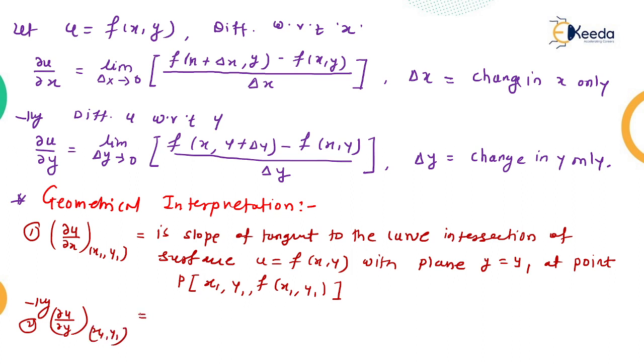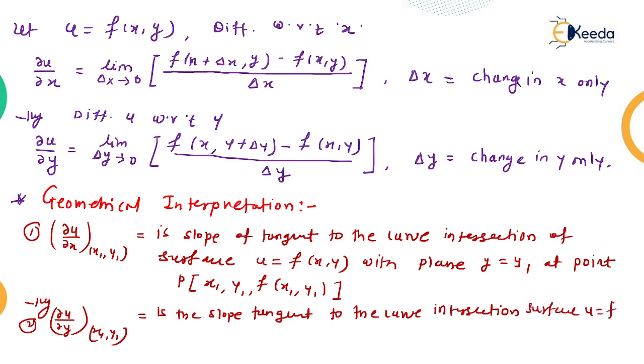It also shows the slope of a tangent to the curve of intersection of the surface u is equal to f of x y with the plane, where now the plane changes to x is equal to x1, at the point P of x1 comma y1 comma f of x1 comma y1.